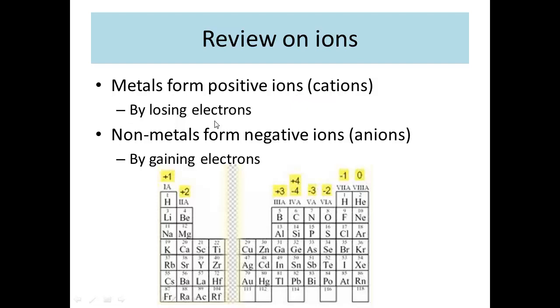They form positive ions by losing electrons. Non-metals form what type of ions, Griffin? Anions, or negative ions, by gaining electrons. Here's a little chart that basically reviews what we talked about. Which ones don't form any ions? Noble gases.